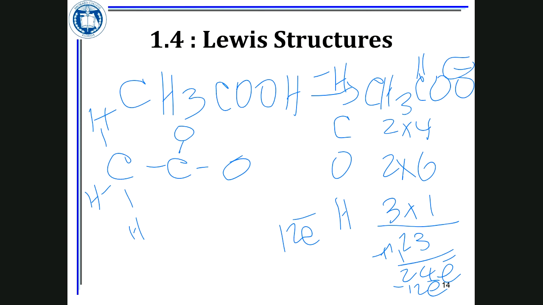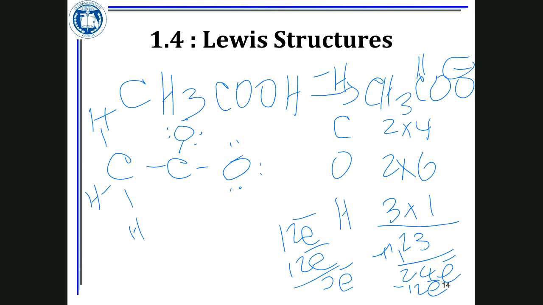We have 2, 4, 6 required for 1 oxygen, and then 2, 4, 6 required for another oxygen. So 12 electrons are gone. 0 electrons are left. Are we done with our structure?